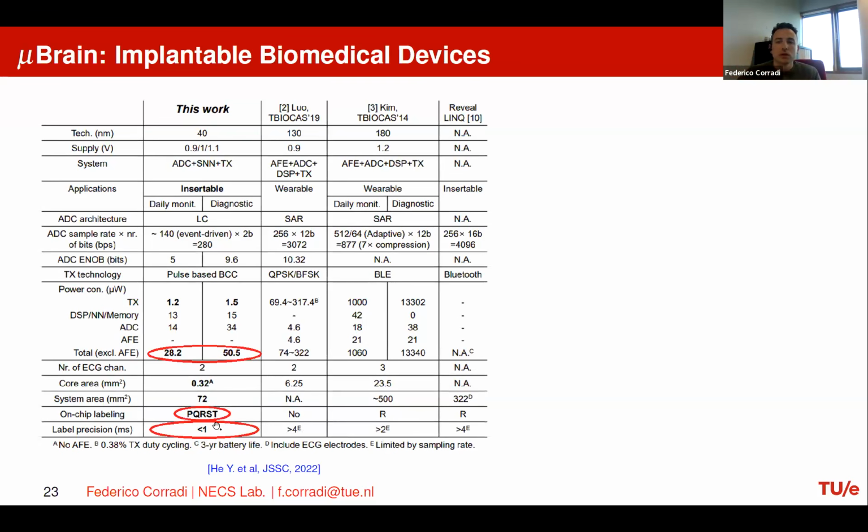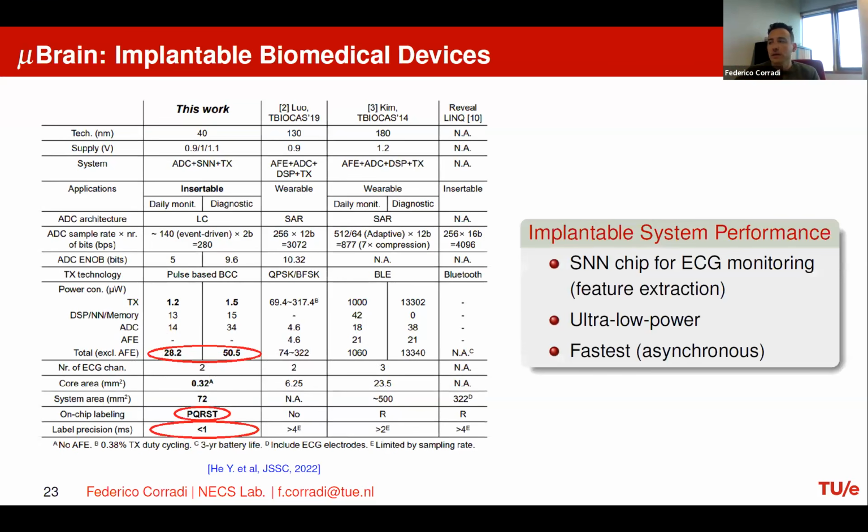We do the full labeling, PQRST shapes. And in power consumption, it's very reasonable, and it's actually outperforming some of the state of the art for insertable devices. So it is a very good device, at least in terms of power.